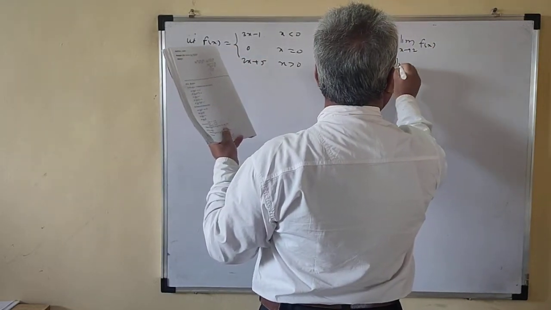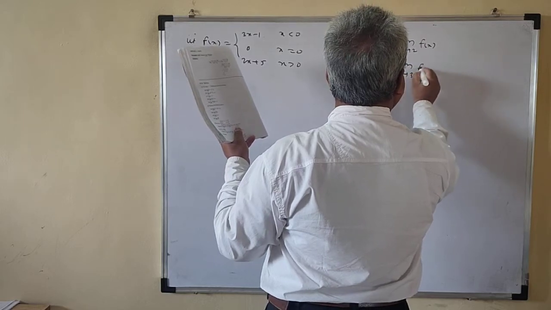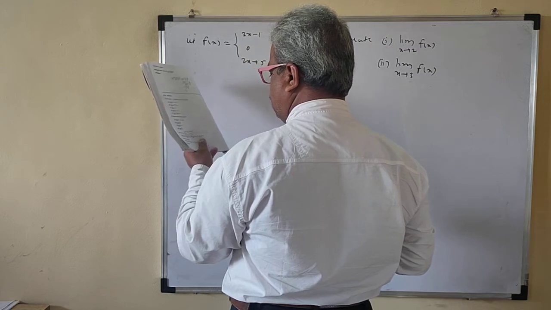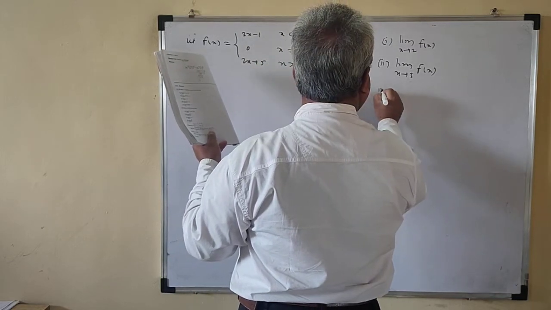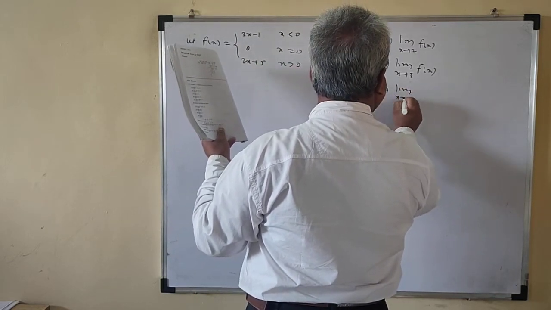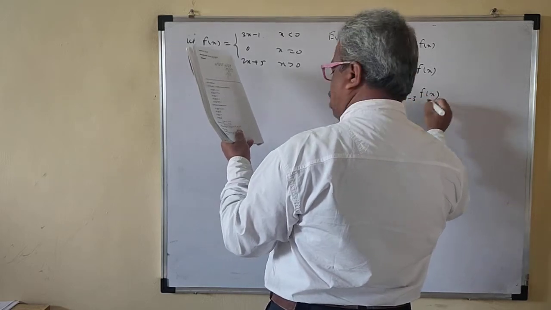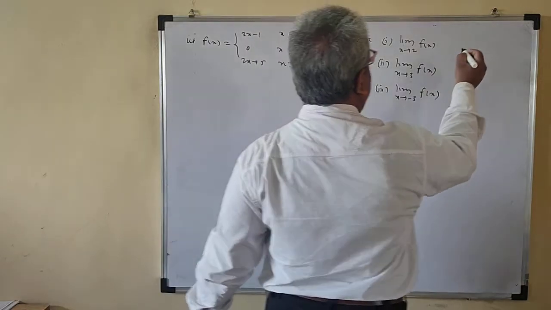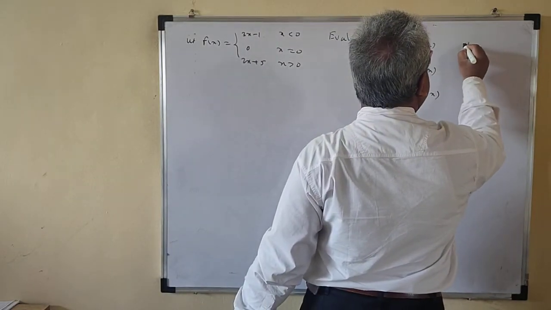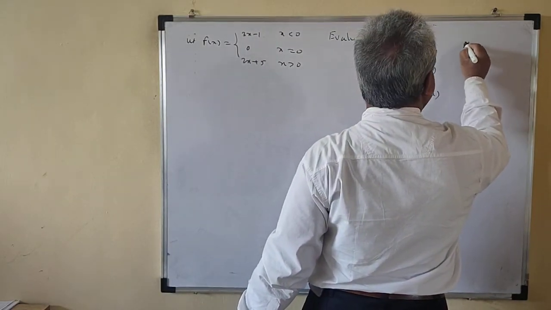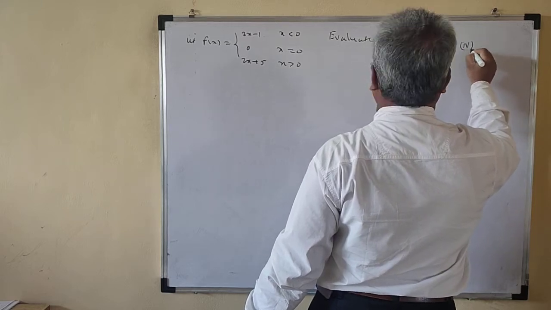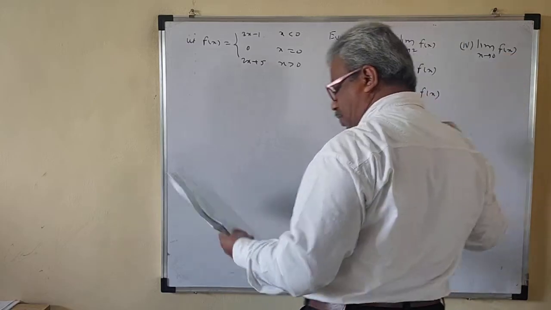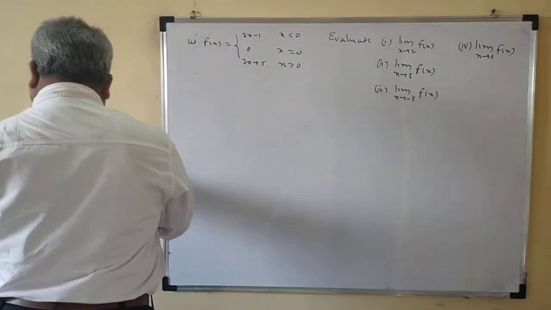Third, limit x tends to 3, f of x. And limit x tends to minus 3, f of x. And the last one, the fourth one, limit x tends to 0, f of x. Okay, try to evaluate this one.